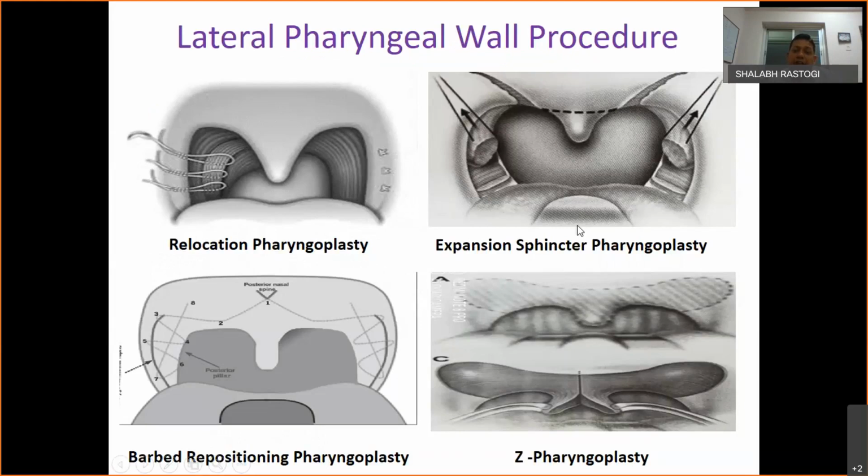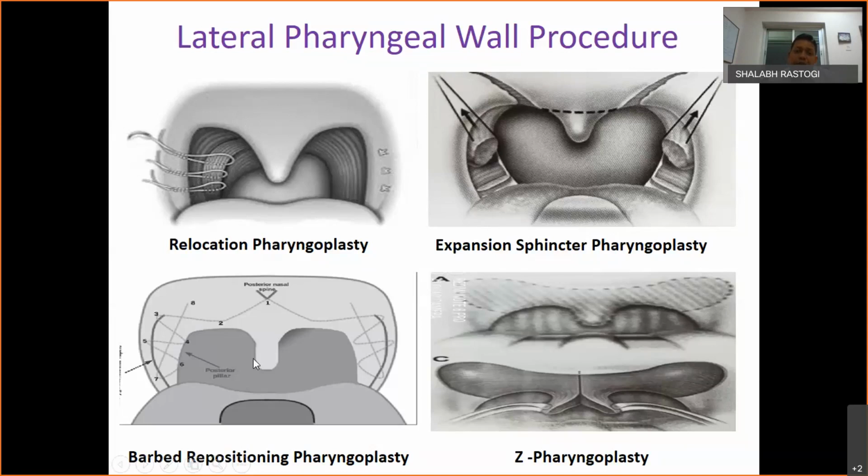Then there is the expansion sphincter pharyngoplasty, in which the palatopharyngeus muscle is cut and stitched to the hamulus of the pterygoid. So it comes anteriorly, and there is a lateral expansion in the dimension of the oropharynx.